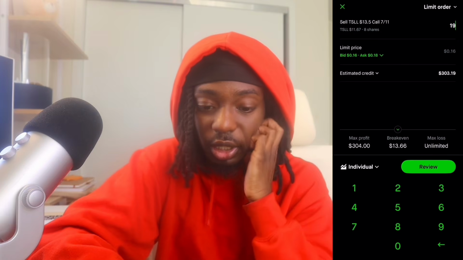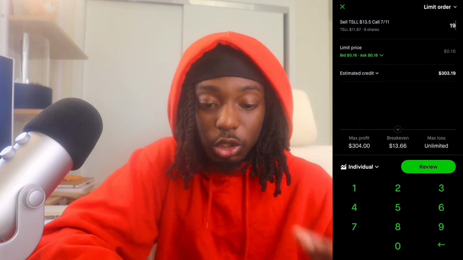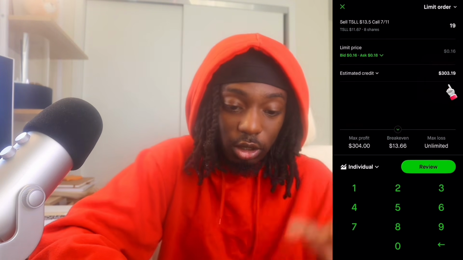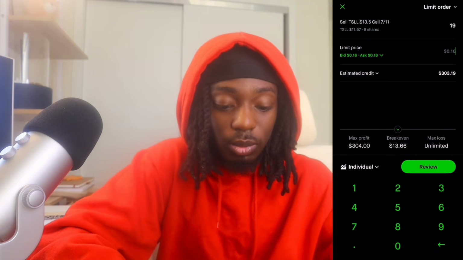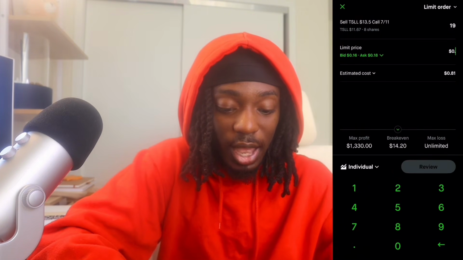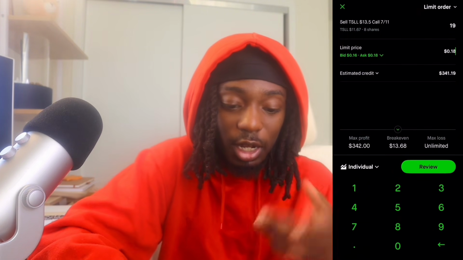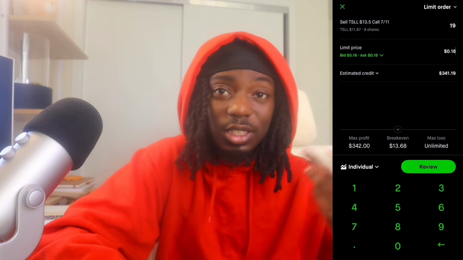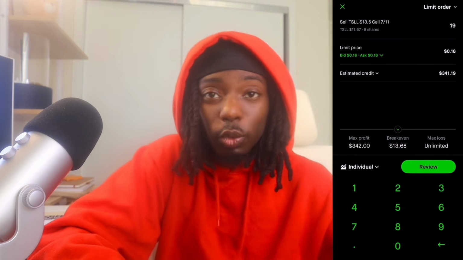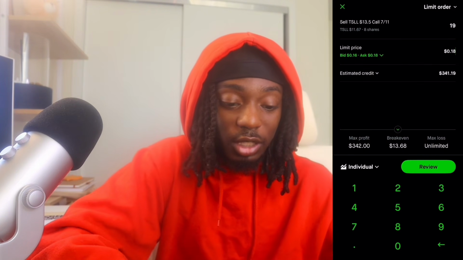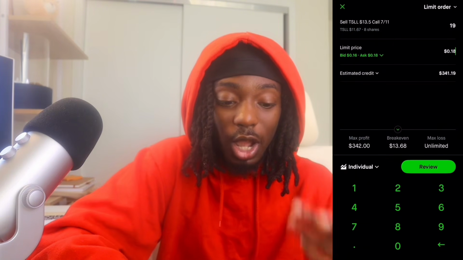We're going to put 19 right here, and I can make another $303, and then I could change my bid to ask to max it out at the 18. I can make $341. This is in one day, or within 1 week, I should say. And that's just additional money. So that's how I make money on options trading.